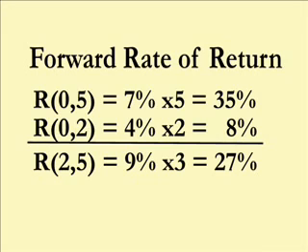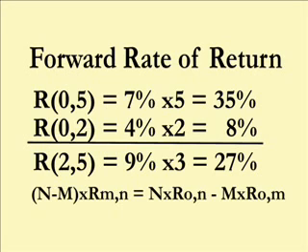And for 5 years, I know, not compounded, we'll deal with it, would give us, say, 35% across the 5 years. And then 2 years at 4%, that'd give us 8%. So the remaining 3 years, by just simple arithmetic, must have meant a 27% total, or 9% per year.